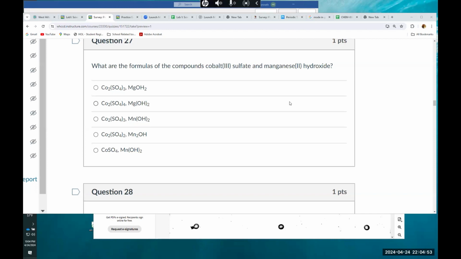So Co, SO4. We know cobalt is going to be a 3 and sulfate is going to be a 2, so we have to balance that out. So we're at least going to get a 2-3 coefficient. Okay, so that's right. We can do that cross multiply, right? So we're going to take out the second and the fourth and the last one. And that's SO4.